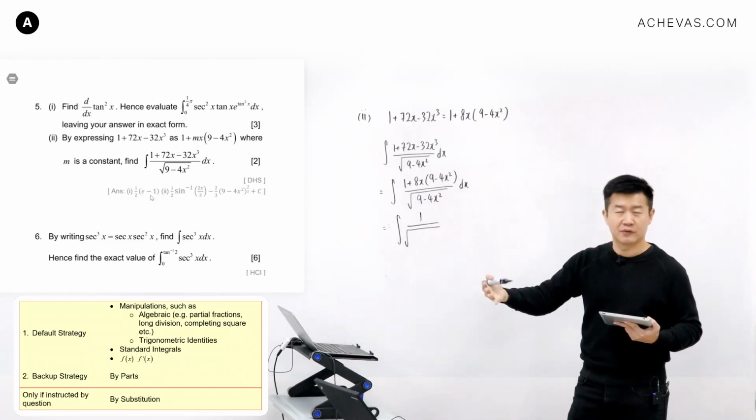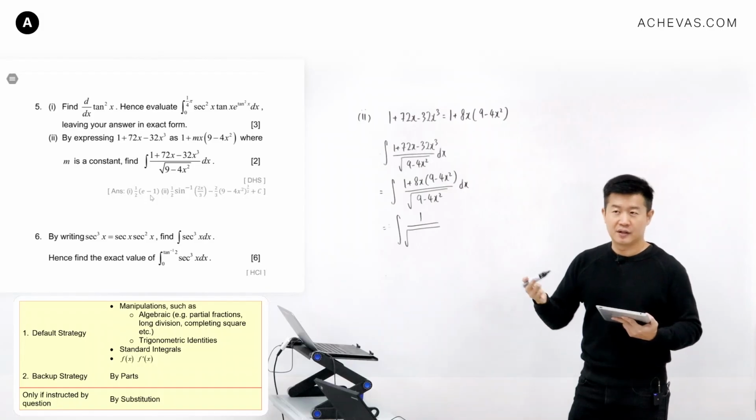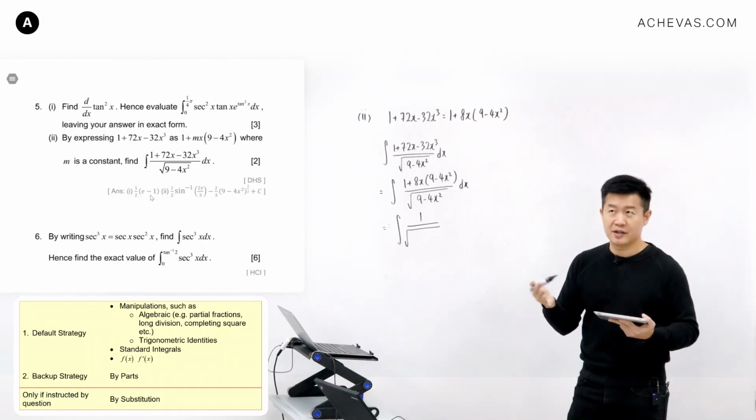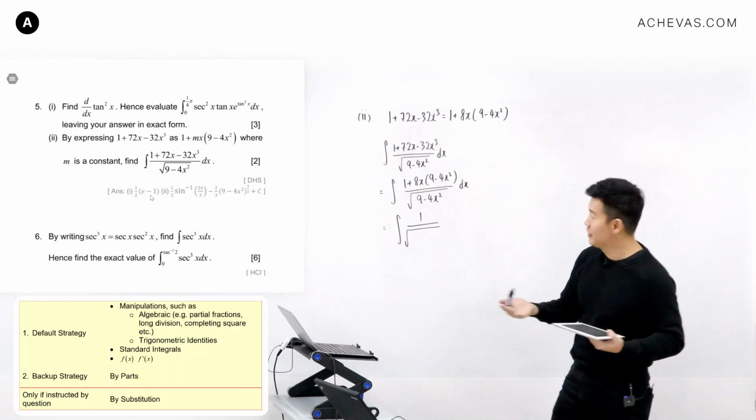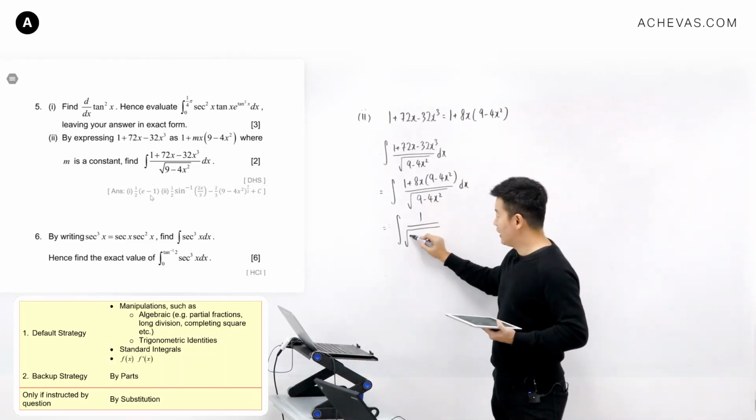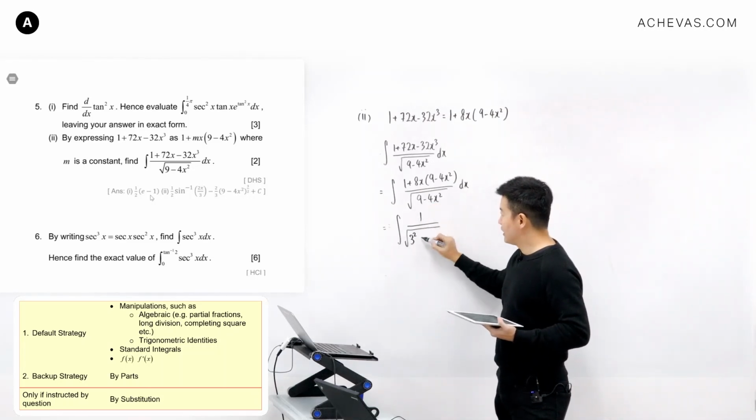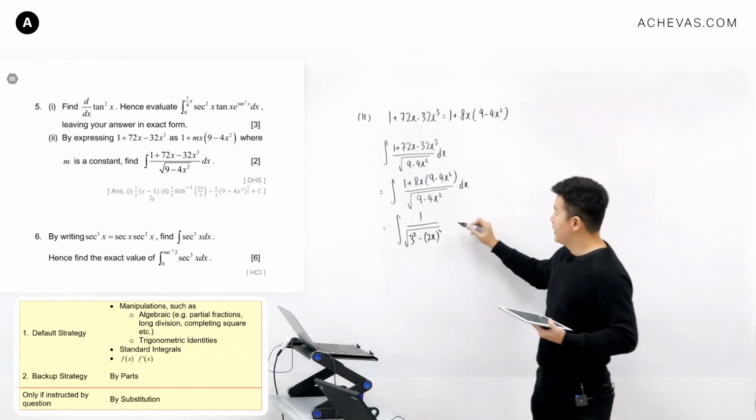And I can see the potential of integrating this using the standard result in f'(x), specifically the one that gives us sine inverse, right? So I'm going to rewrite this 9 as 3 squared, and this as 2x squared, which is 4x squared.